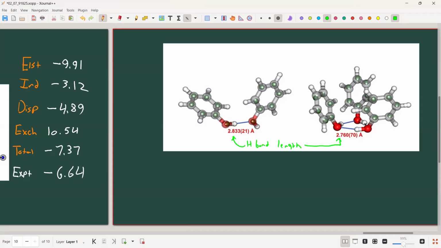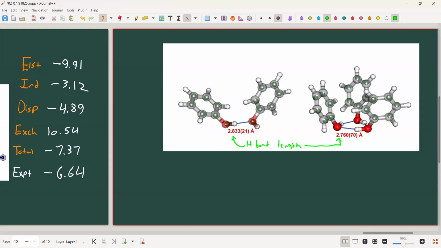So if you bring in a third molecule, there's going to be interaction between these two, these two, these two, basically all the pairs. And each pair effectively feels exactly what it feels in the dimer. So you would expect that this hydrogen bond length should be almost exactly the same as this one. It's just like we've added another one into the system, but it's shortened.